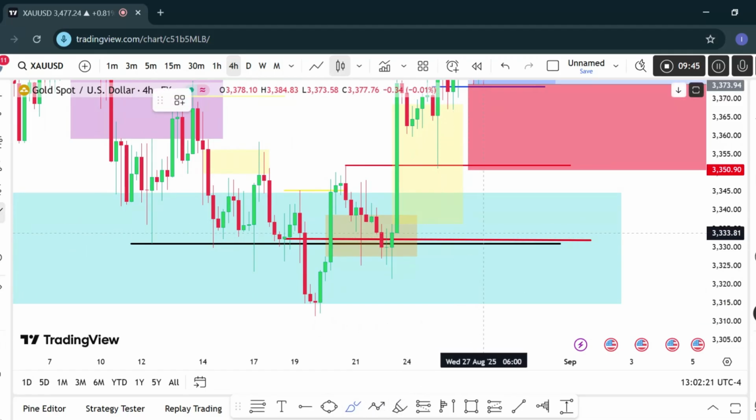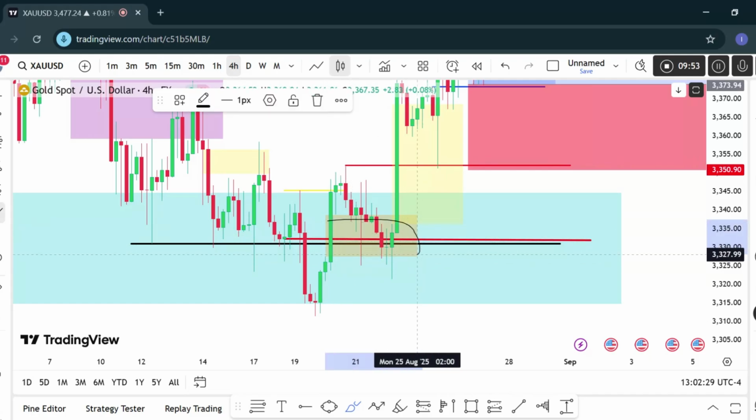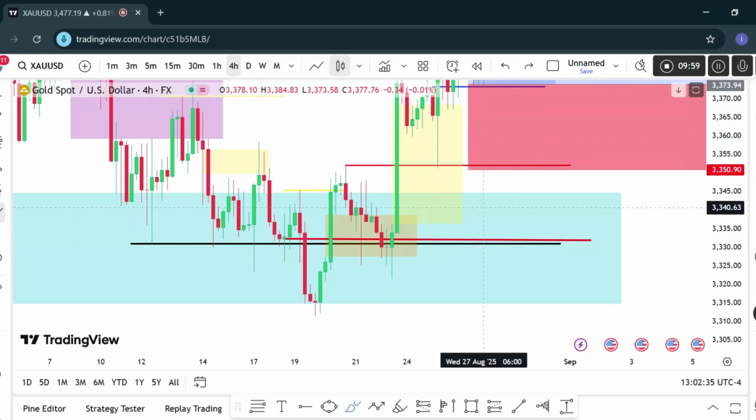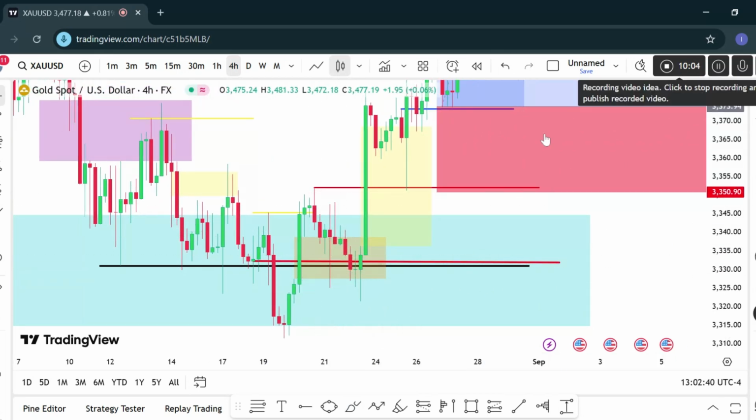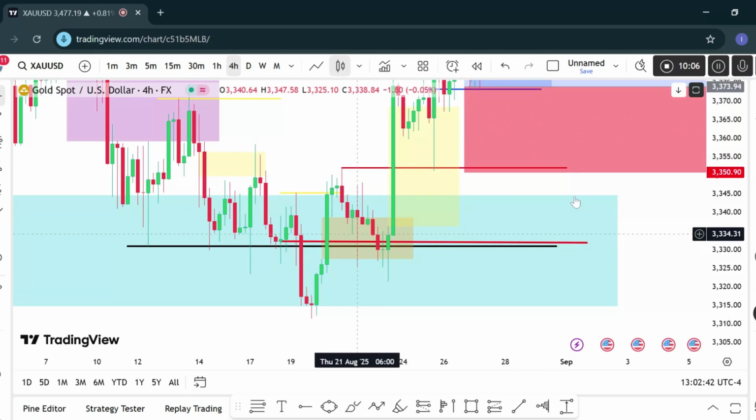If you want more ratio, or if you don't have time or whatever, you can just use that fair value gap to buy, and that's all the block. And yeah, the market smokes higher.